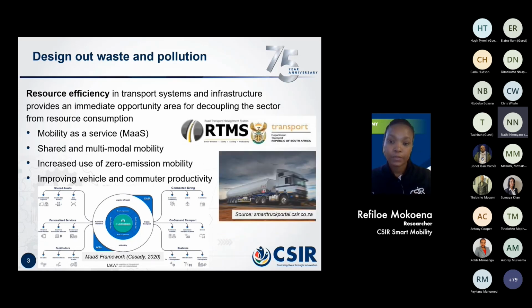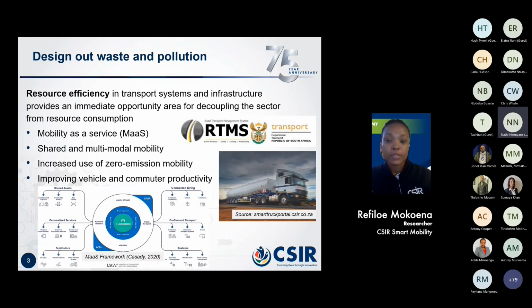Improving heavy vehicle productivity. One of the schemes that show great promise for supporting the circular economy is the Road Transport Management System, which aims to improve fleet management and sustainability while reducing logistic costs. The project has shown substantial savings, with 1 in 4 heavy vehicle trips being eliminated using the performance-based standards.